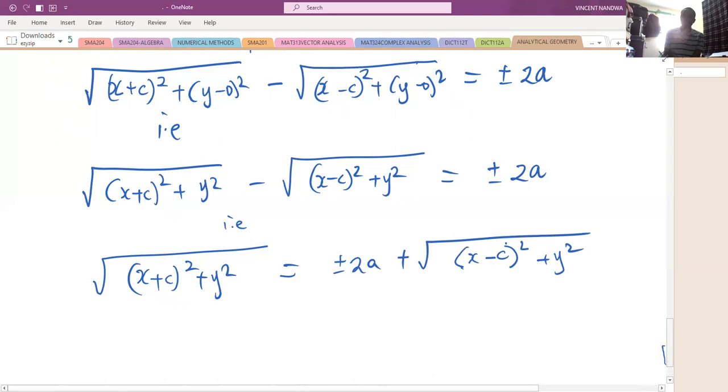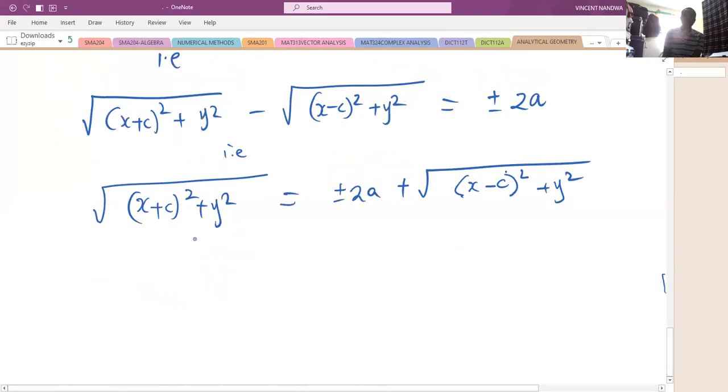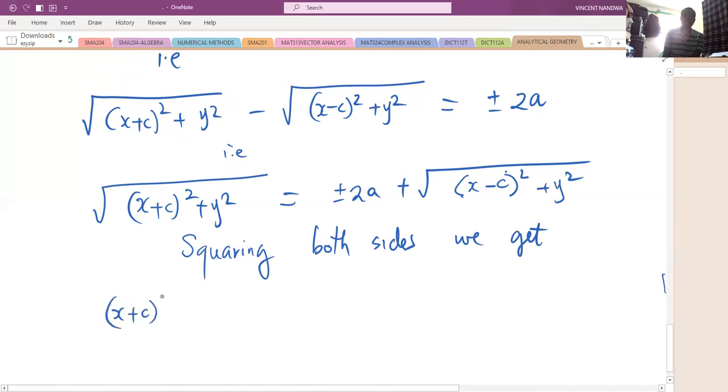Then next, squaring both sides. On the left-hand side, we just remove the square root sign, so we have X plus C squared plus Y squared.